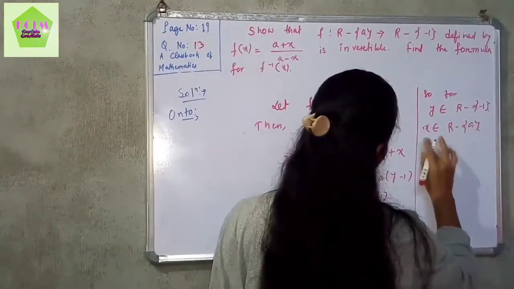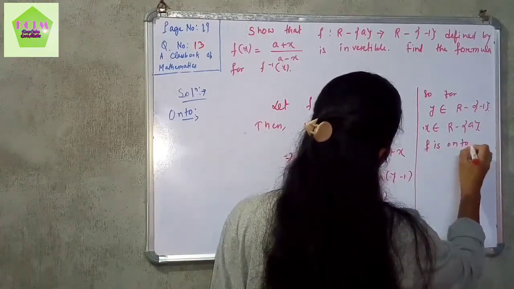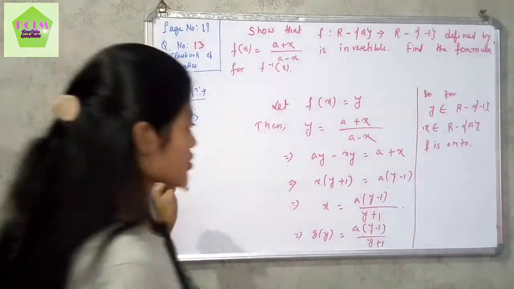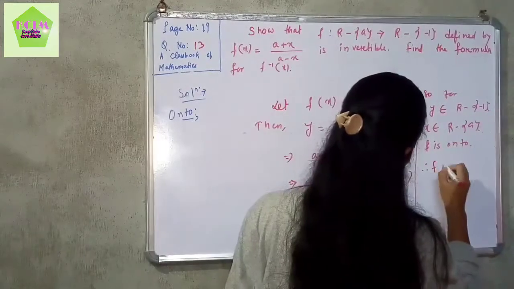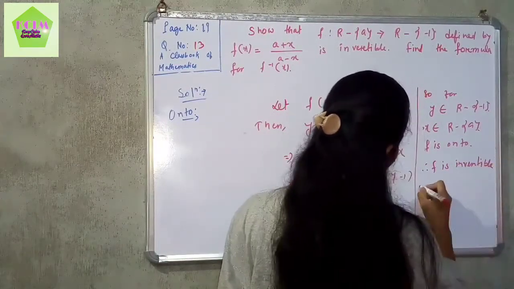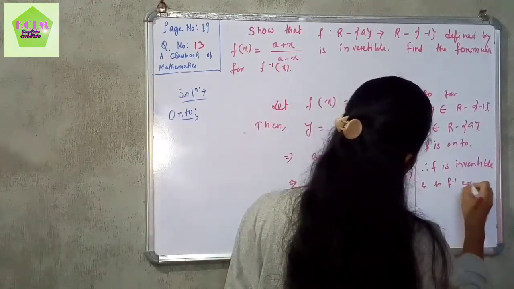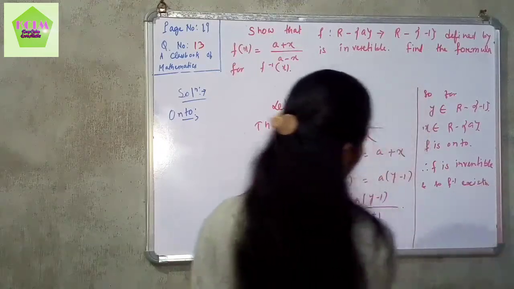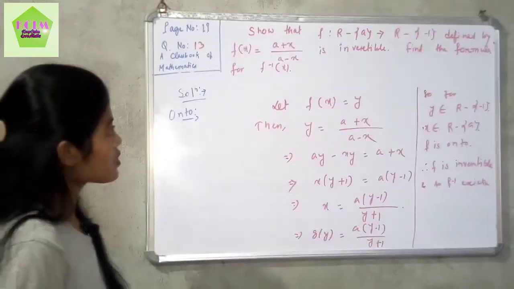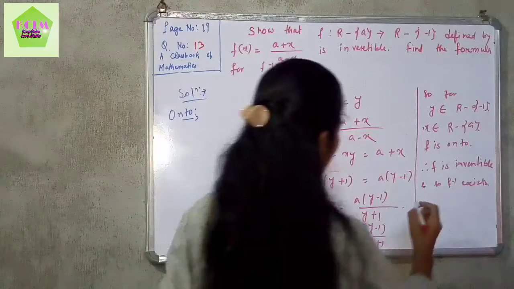Hence f is onto. Since f is both one-one as well as onto, therefore f is invertible. So f inverse exists. The inverse of this function f will be this g of y.